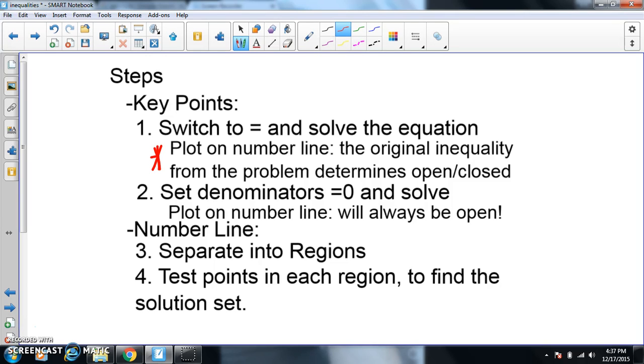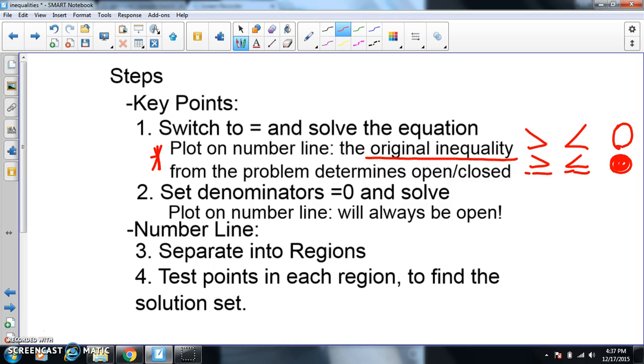But what determines whether or not those points are open or closed is the original inequality. So if it is greater than or less than, we'll have an open circle. If it's greater than or equal to or less than or equal to, we'll have a closed circle at that point.